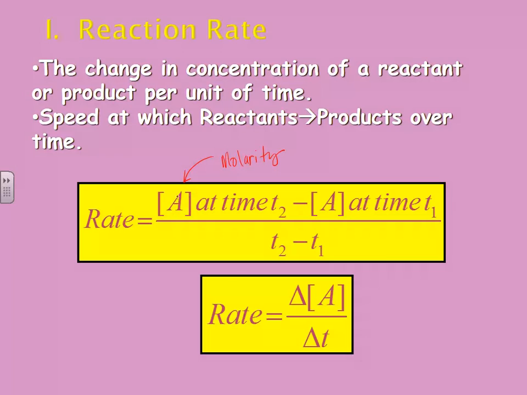So, concentration of reactant A at time equal to T2, final time, minus concentration of reactant A at time equal to T1, divided by T2 minus T1. Again, that's final minus initial time. We can condense that: rate is equal to the change in the concentration of reactant A over change in time.